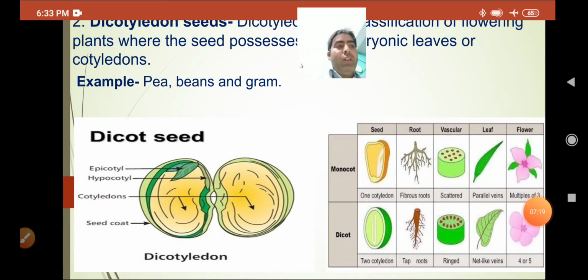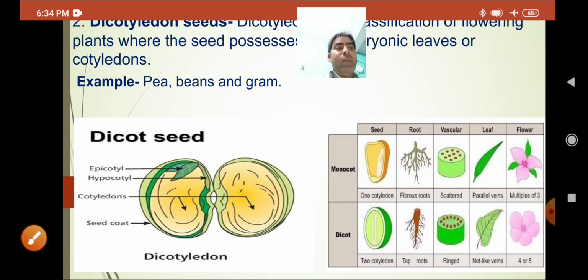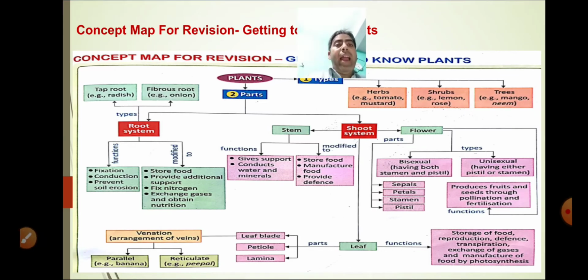In the dicot you can see net-like veins, that is, reticulate. In the monocot the flowers are in multiples of 3, and in the dicot the flowers are in multiples of 4 or 5. This is the basic difference between the monocot and dicot.